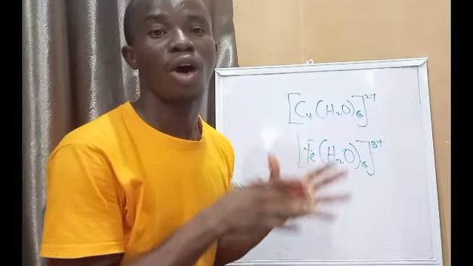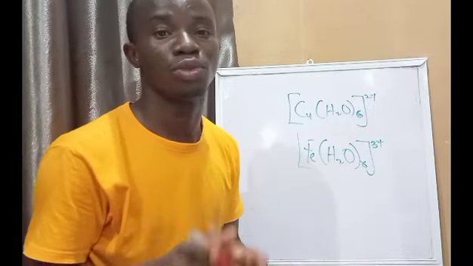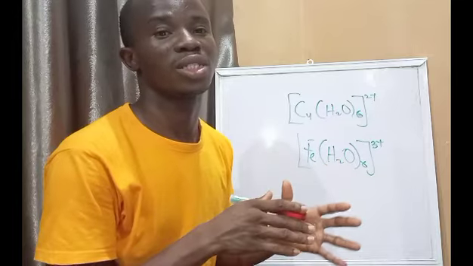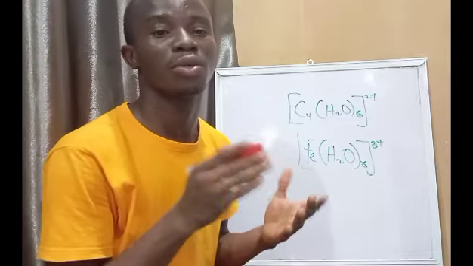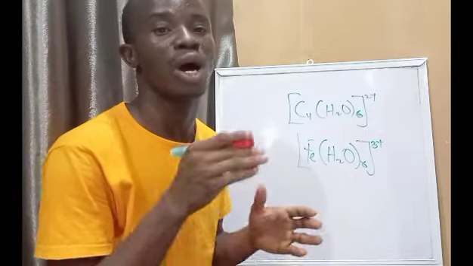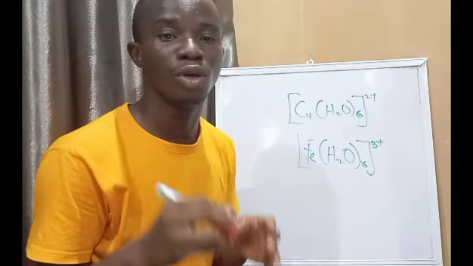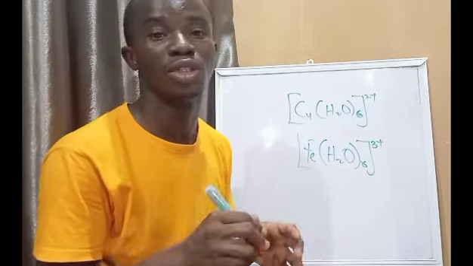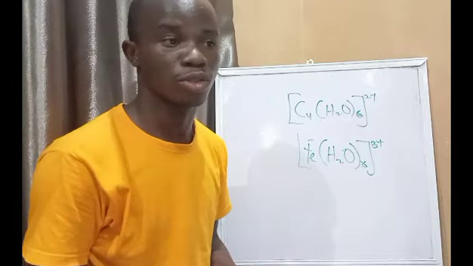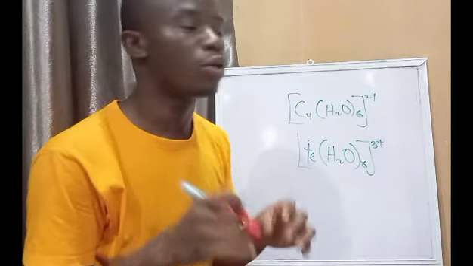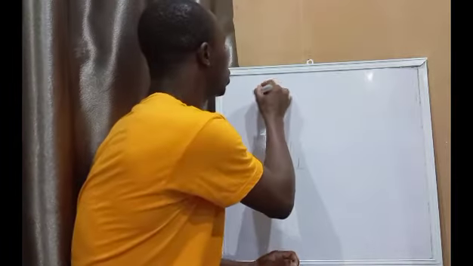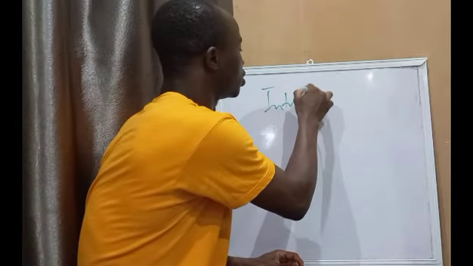Before I go to the aspect of the UV-visible spectrum, first we must understand, like I said, that there are three types of transition that can occur due to absorption of light in the ultraviolet and visible region of the electromagnetic spectrum. The first kind of transition that can occur in a metal complex is the intra-ligand transition.